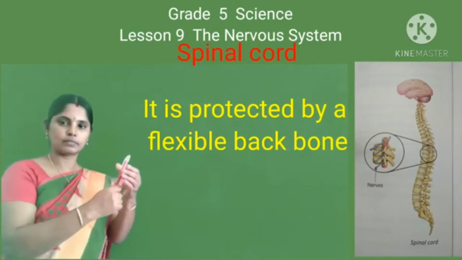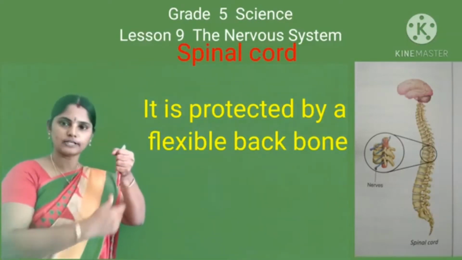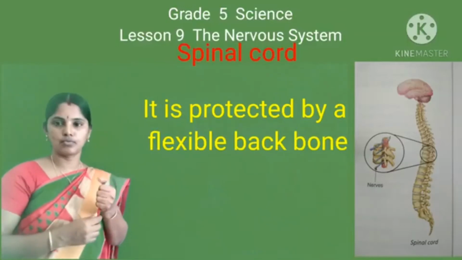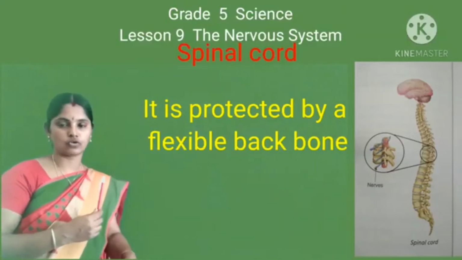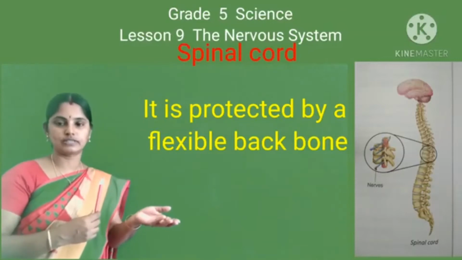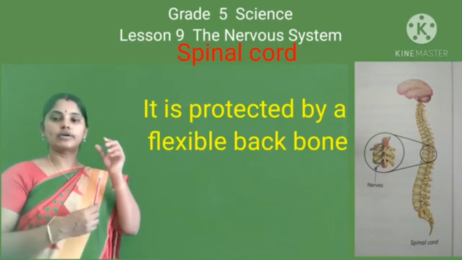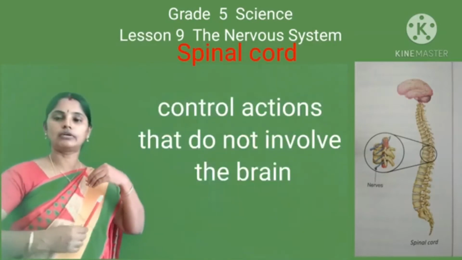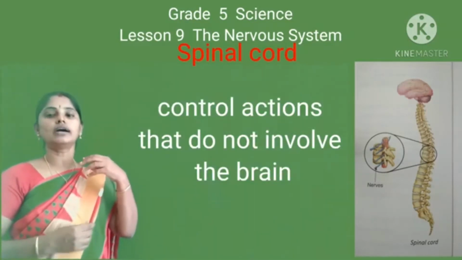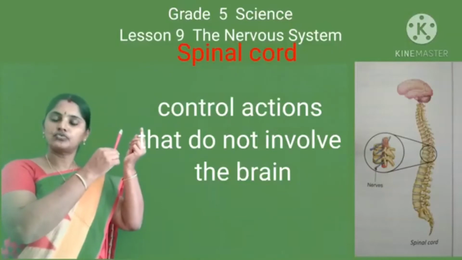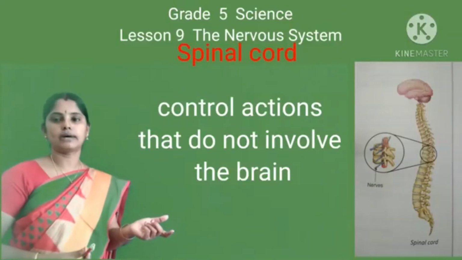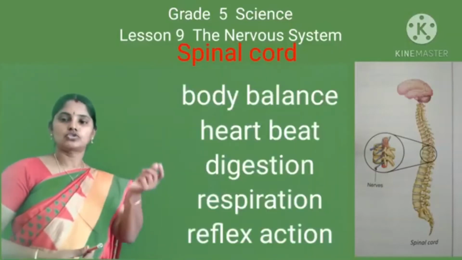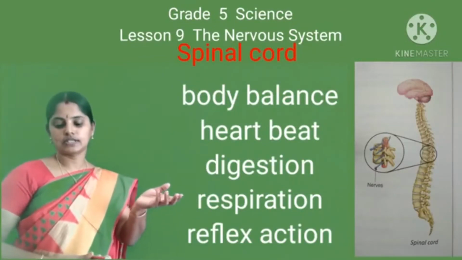So imagine this is the spinal cord, it is there in the center, and it is protected by the vertebrae, the backbone. 33 vertebrae are there, no? In the previous lesson we studied about vertebrae. So it is protected by the backbone. It only sends messages from the brain to all other parts of our body. So it is transferring the messages.